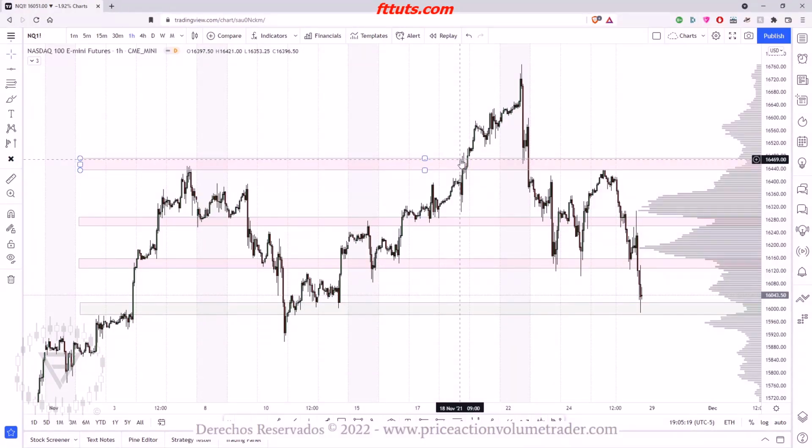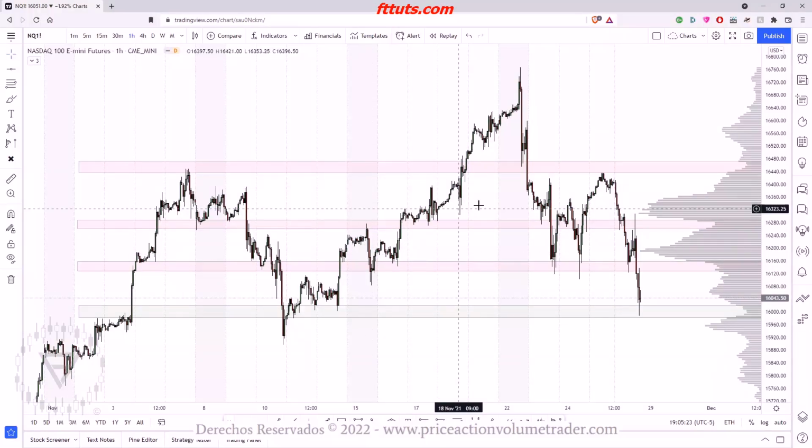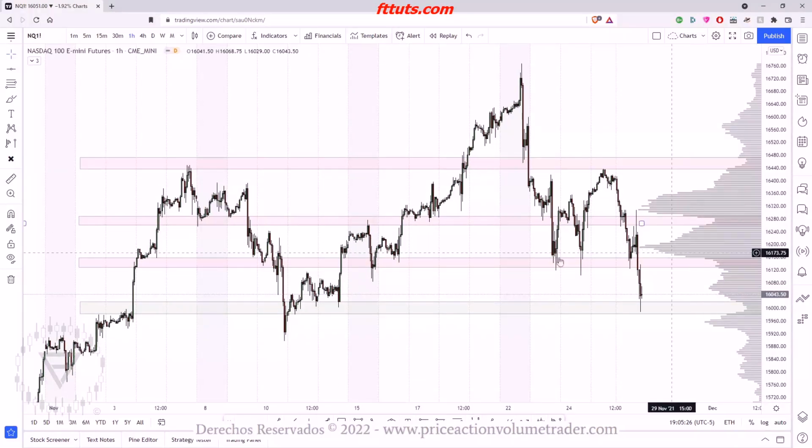Obviously, we always want to try to go with trend. So that's what is key to concentrate on. If we're in an uptrend, long node bottoms. If we're in a downtrend, short node tops.